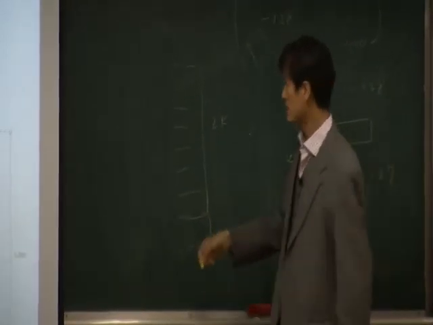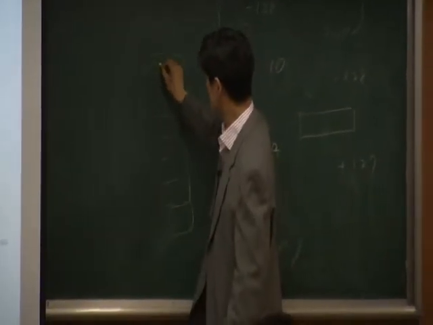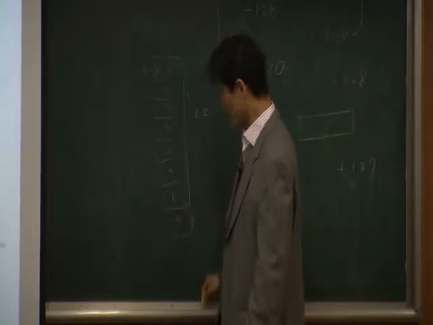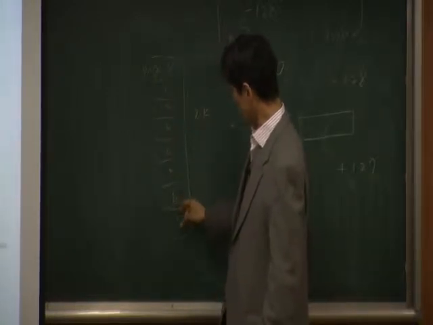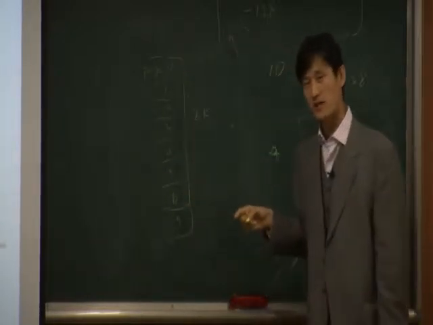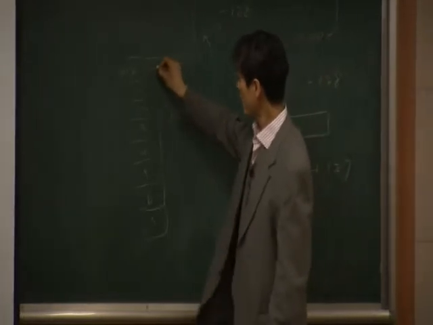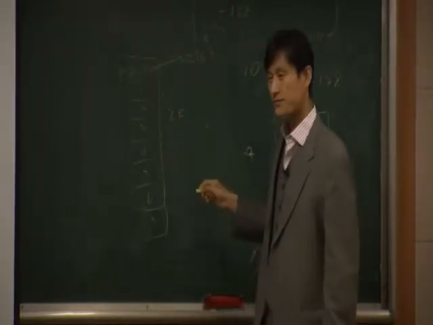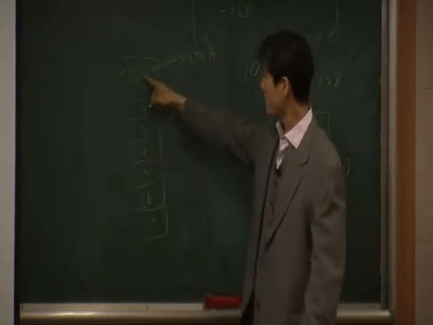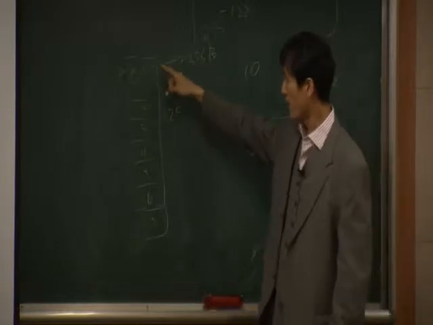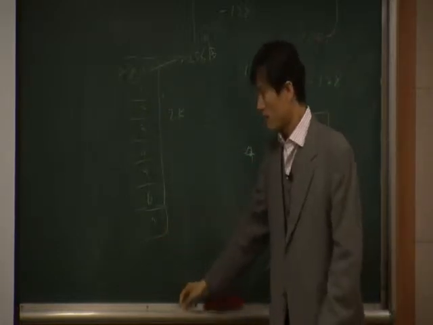This is page 0, then page 1, 2, 3, 4, 5, 6, 7. Once you do that, each page is going to be 256 bytes, and we have 8 different pages.